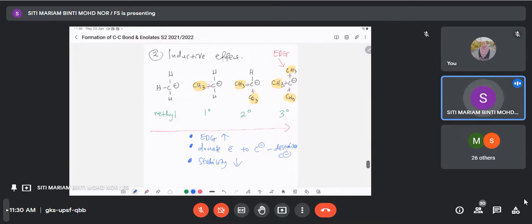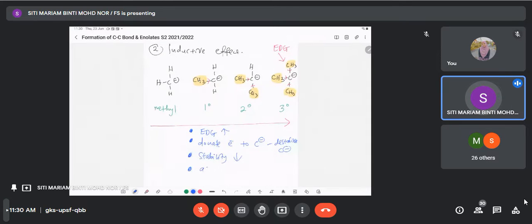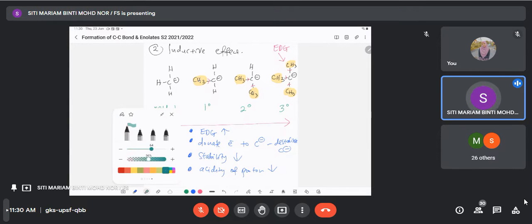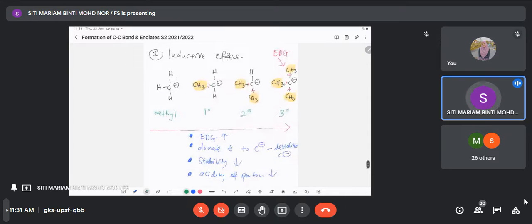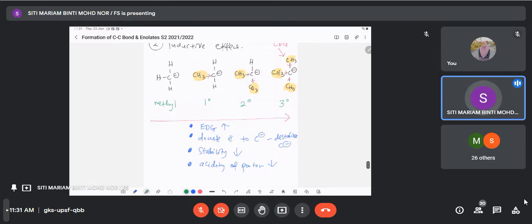Related to the stability, the acidity of the proton also decreases. Meaning the proton, if we refer to the same color as before, the proton that you abstract, attached here, here, here and here, its acidity also decreases.